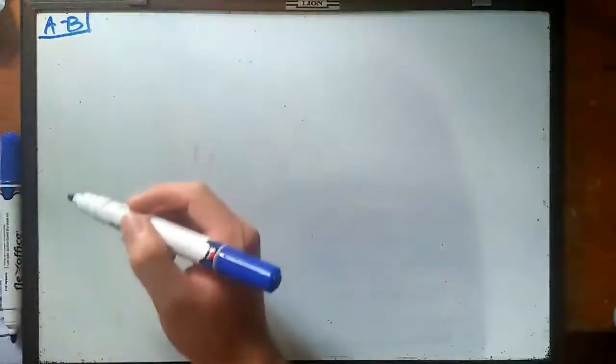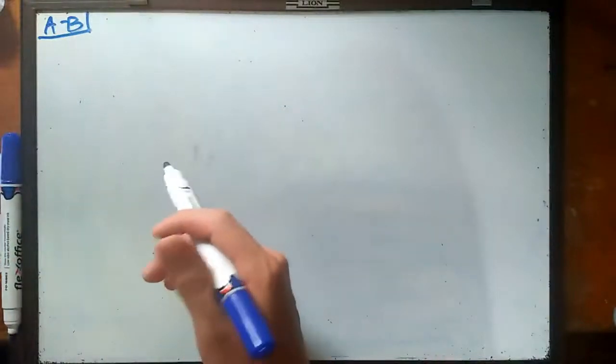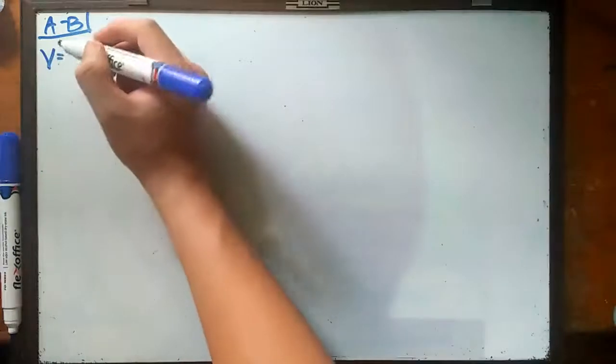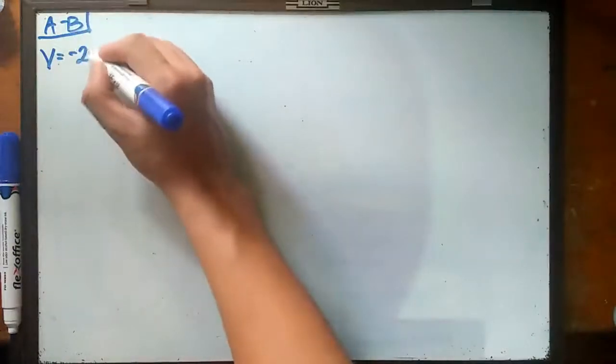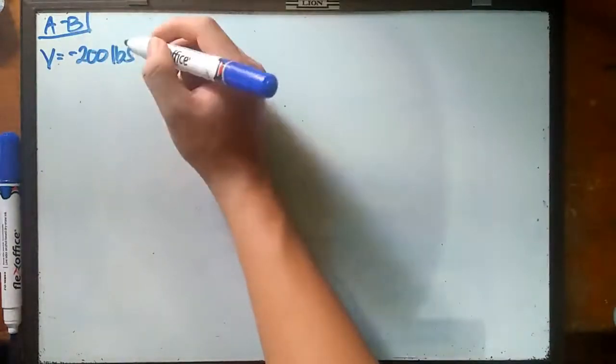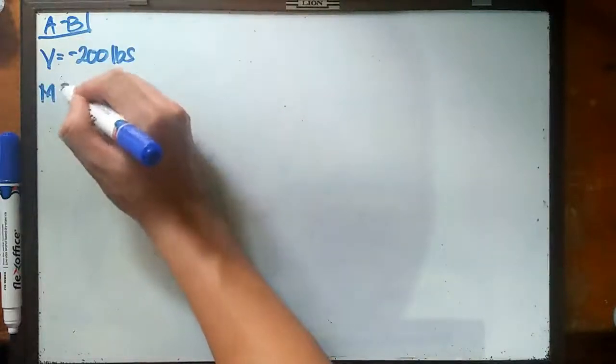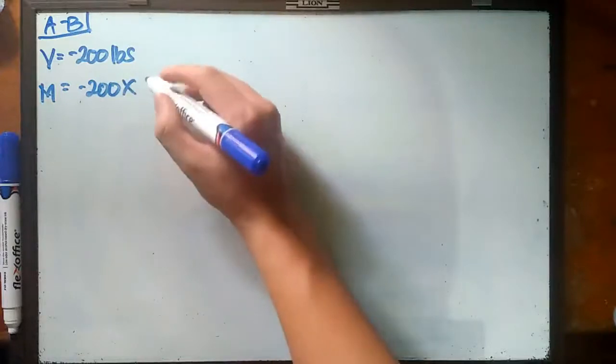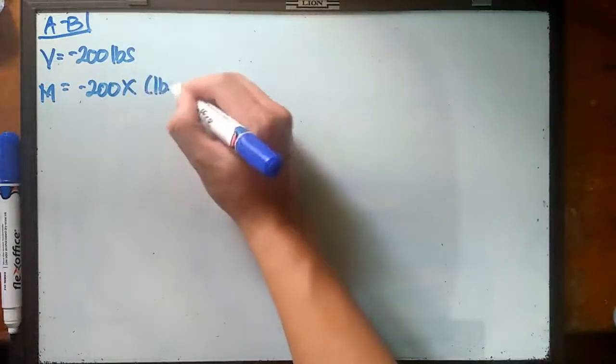For segment A-B, the formula for V was simply, we have an exact answer, negative 200 pounds. And for M, that was simply negative 200x, pound-foot.